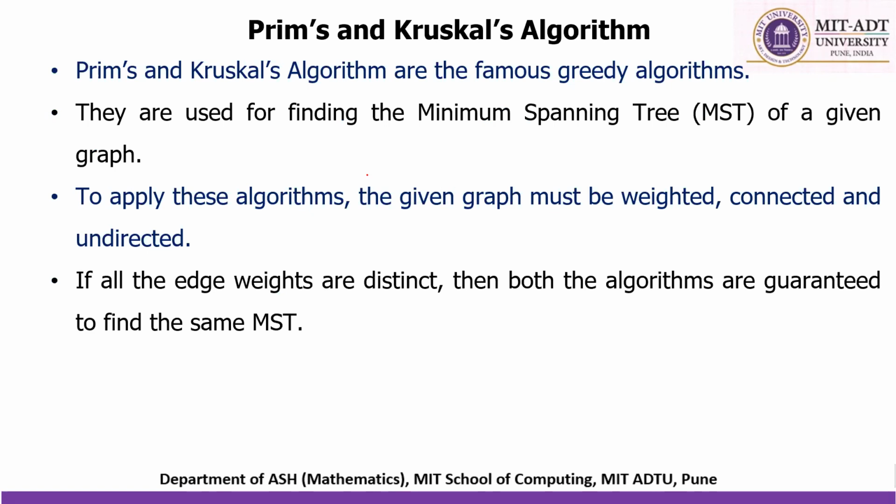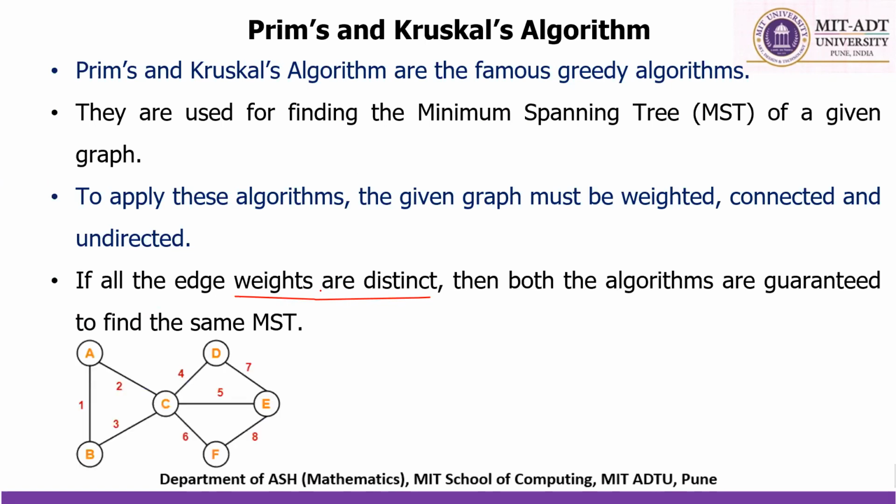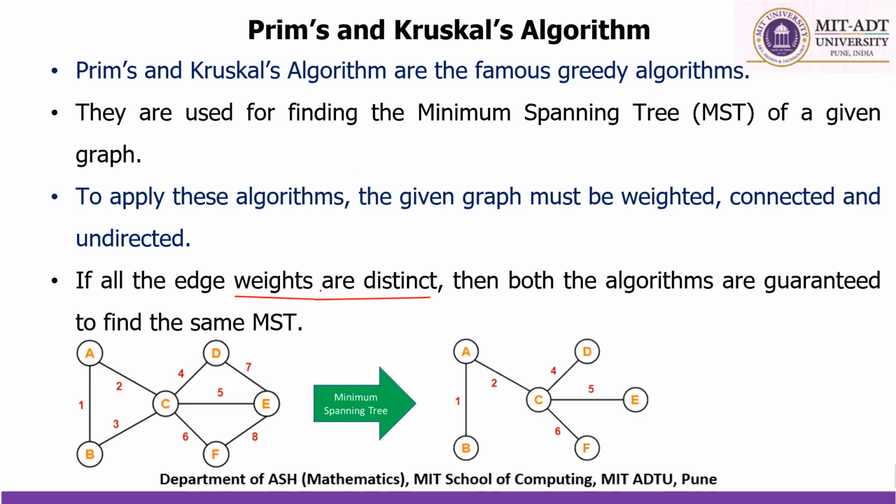If all the edge weights are distinct, then both algorithms are guaranteed to find the same MST. If the weights are not distinct, then the result may be different. Here, we are getting the same minimal spanning tree using either Prim's algorithm or Kruskal's algorithm, because all the weights are different.